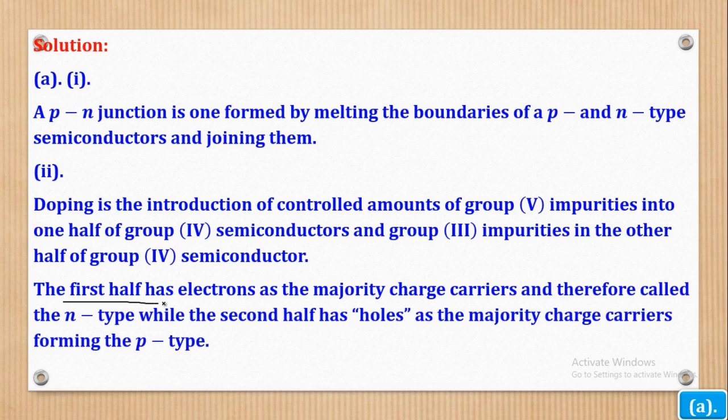The first half has electrons as majority charge carriers and therefore is called n-type, while the second half has holes as majority charge carriers and therefore is called the p-type.